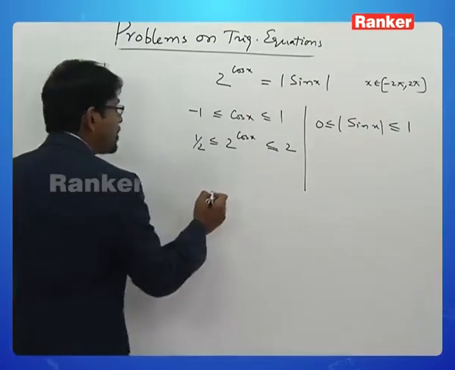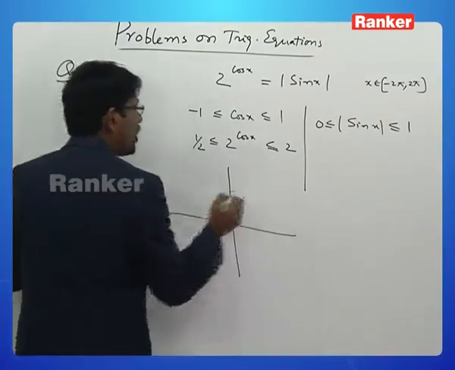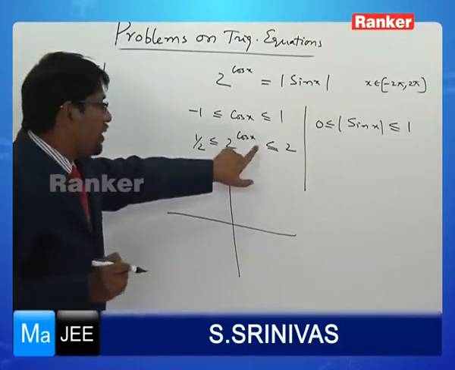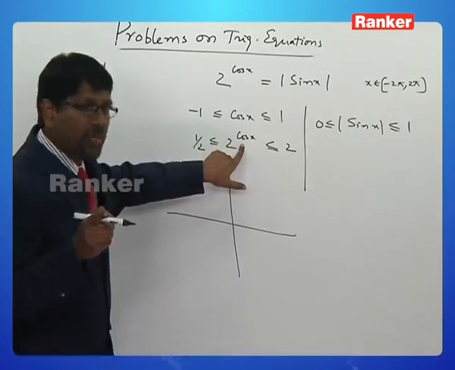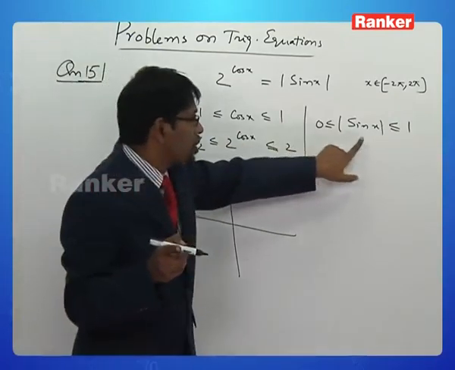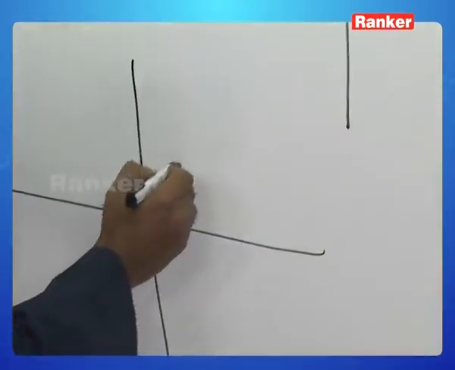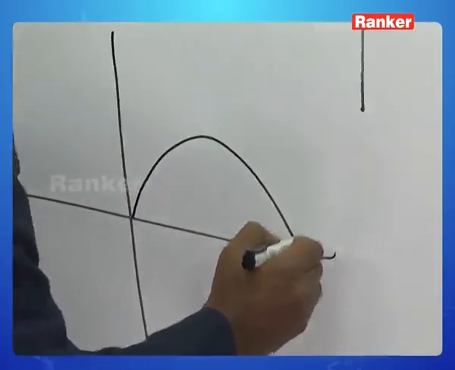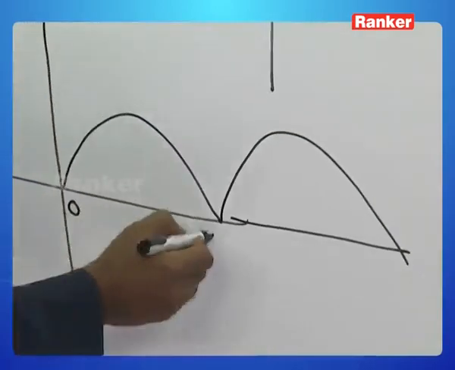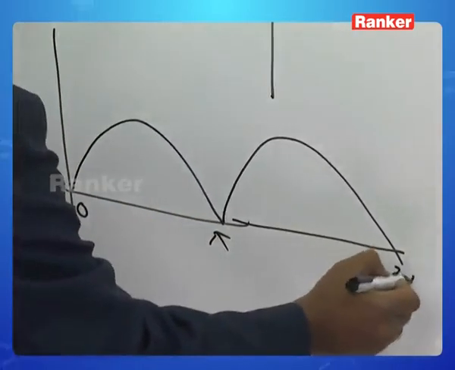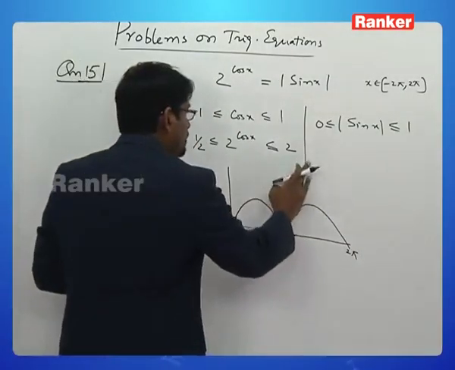Now let us look here. This 2 power cos x is an even function, because cos x is an even function. So is this mod sin x. Let's first plot the graph of mod sin x. It looks like this. From 0 to pi, it's like this. Pi to 2 pi, it's like this.